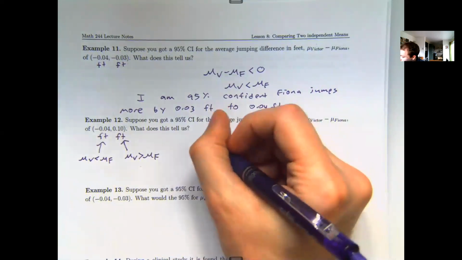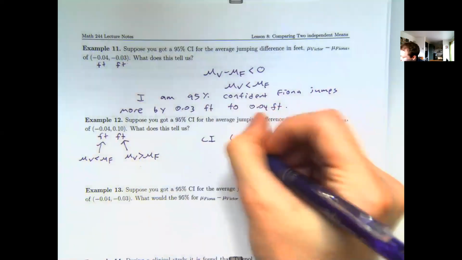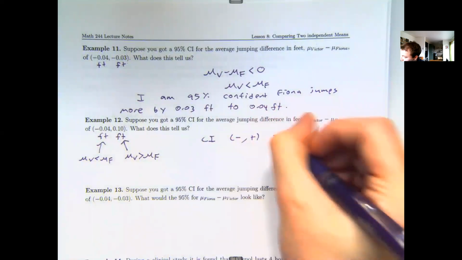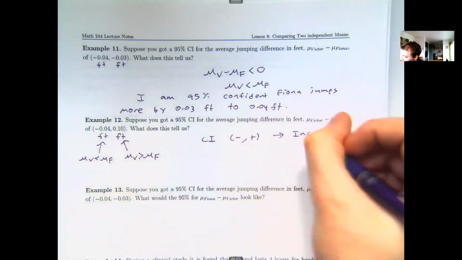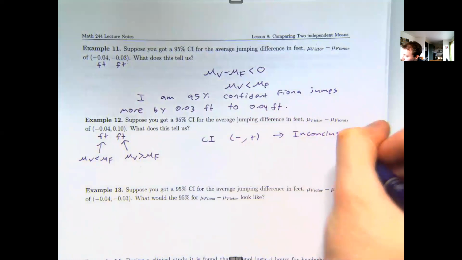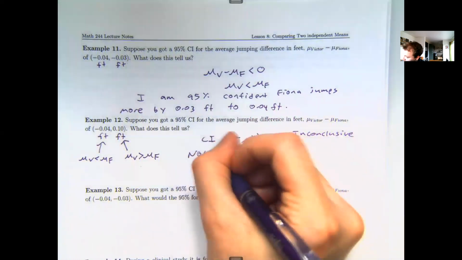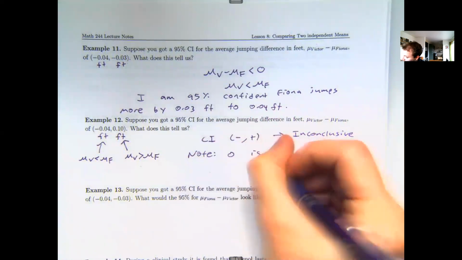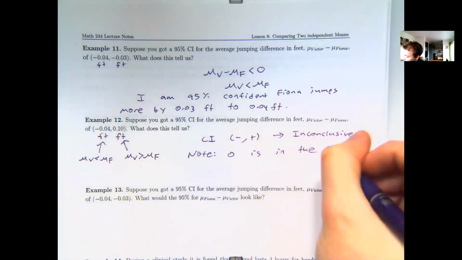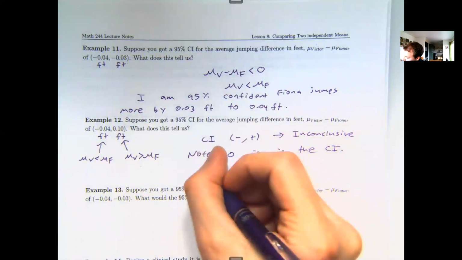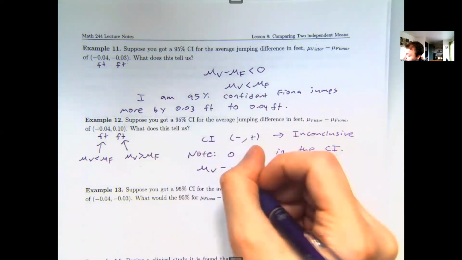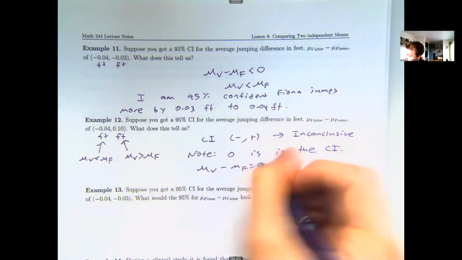Reminder, whenever you have a confidence interval that looks like negative and then a positive, this tells me that the results are inconclusive. The reason for this is 0 is in the confidence interval. And if 0 is in the confidence interval, then it could be the case. I'm not guaranteeing this.